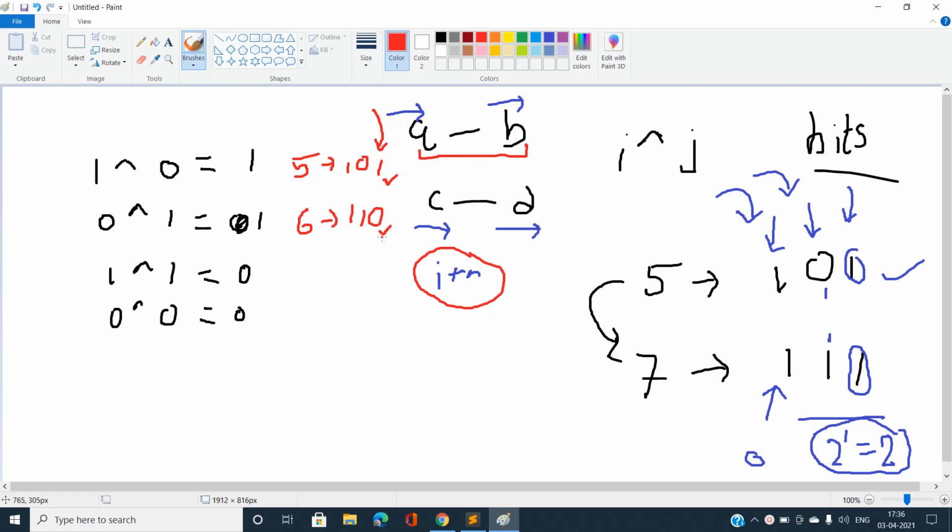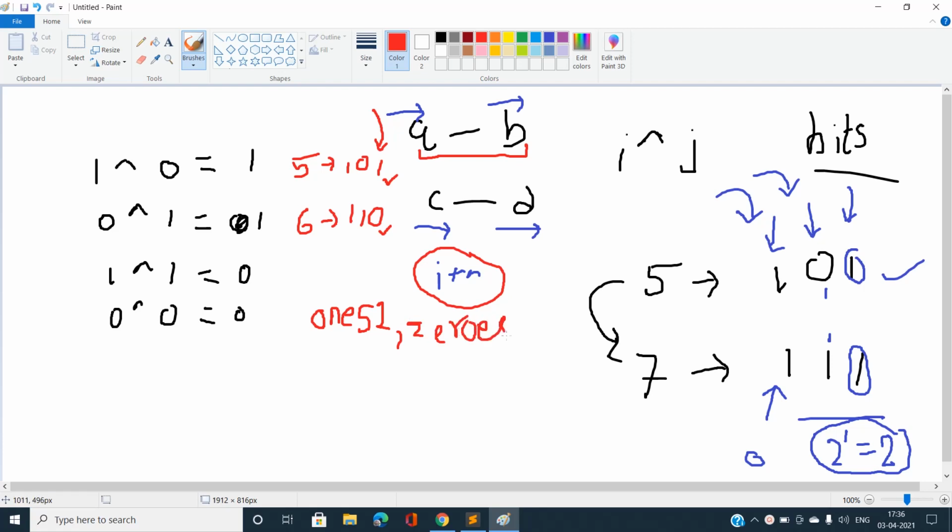Okay, so I'm going to calculate the number of numbers whose ith position bit is 1, let's call it ones 1. And the number of numbers whose ith bit position is 0 in the range A to B, both inclusive, would be the length of this range, that is B minus A plus 1, minus the number of ones, and let's call it zeros 1.